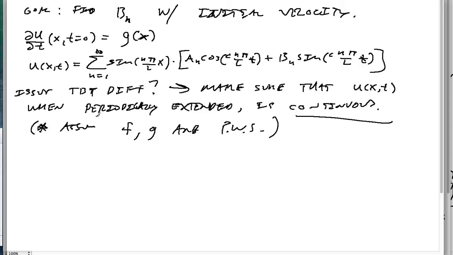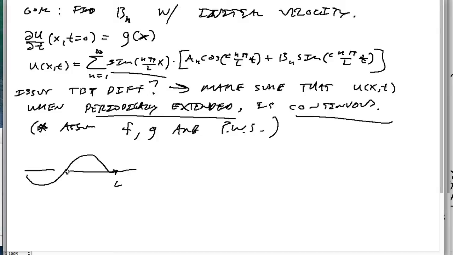Because we're talking about a periodically extended function, which is a sine series, so whatever we have here, here's our sine, and we periodically extend it. Here's L, and there's 0, and then it goes to negative L, and then it would come back around here. So for every term, we always have it passing through 0 because of the fixed ends. Every single one of these sine terms, for every n value, all pass through 0 at those points. And we know that our initial condition has to do the same.